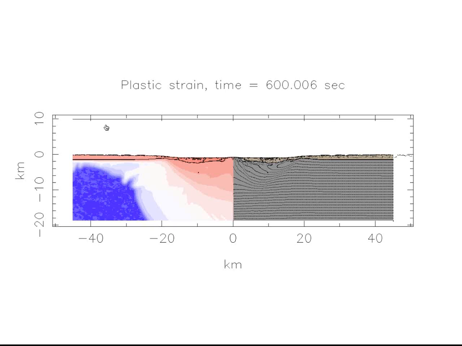Actually, this is being done not by us, the modelers, but by the people who created the seismic sections. They're amazed at how close the model gets to reproducing the observation. This depends upon getting the constitutive properties right, that is the flow properties of the sediments versus the basement rock.